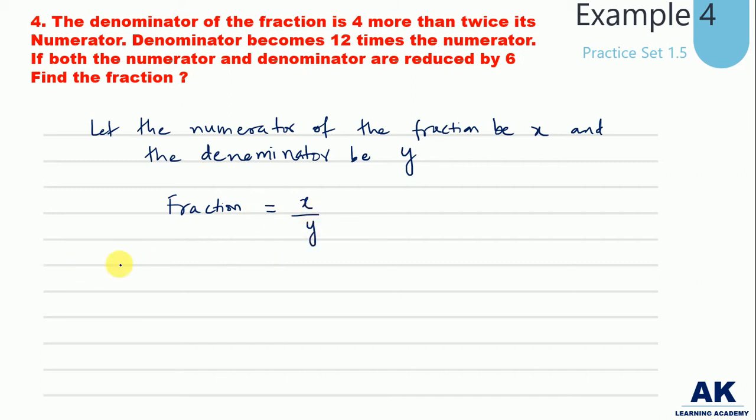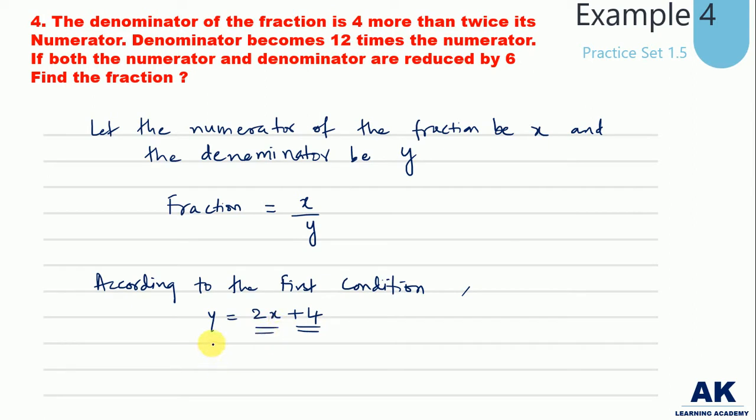According to the first condition, we know that the denominator of a fraction is 4 more than twice its numerator. Therefore y is equal to 2 times x plus 4, right?